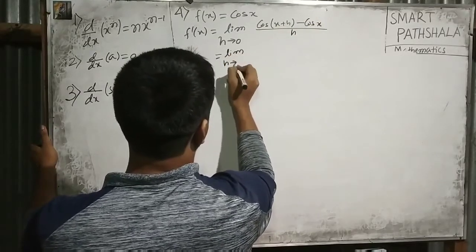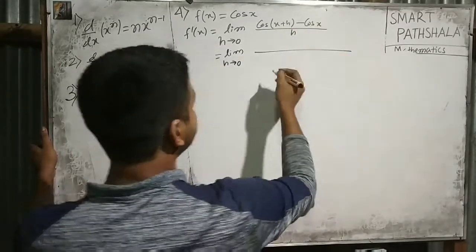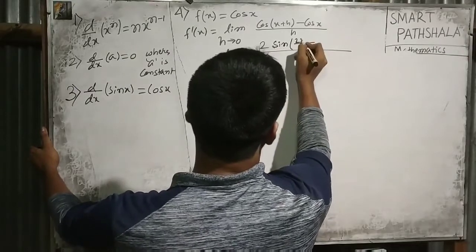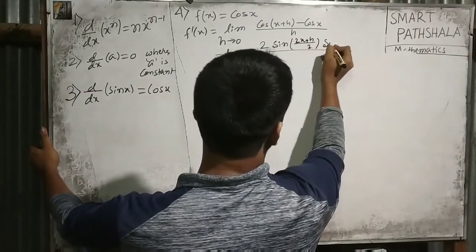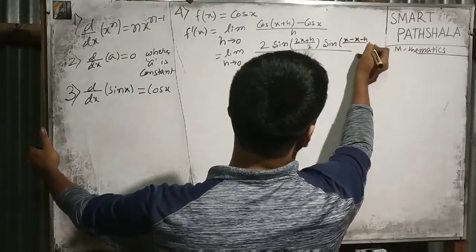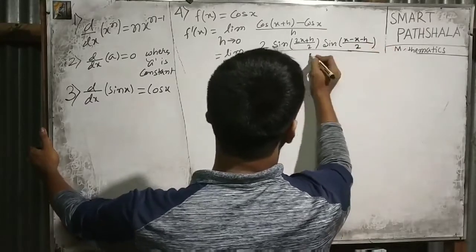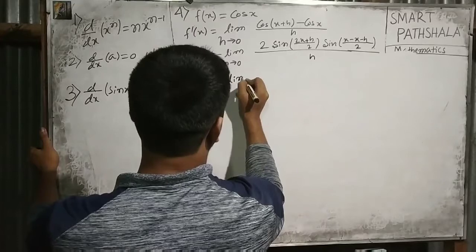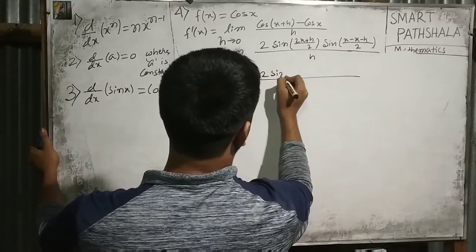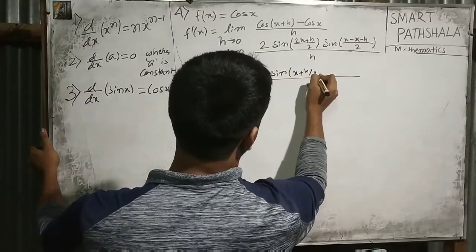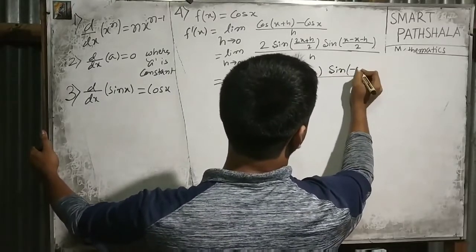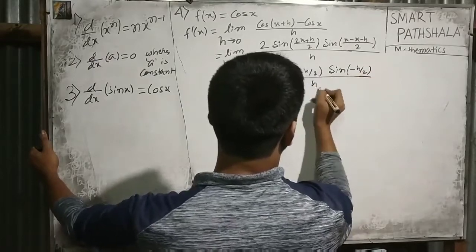So limit h tends to 0, cos c minus cos d will have 2 sin of (c plus d), 2x plus h by 2, and d minus c, remember d minus c, which means (x minus h) by 2 by h, which is limit of h tends to 0 of sin of (x plus h by 2). We can write this thing, and here we have minus h by 2 by h.